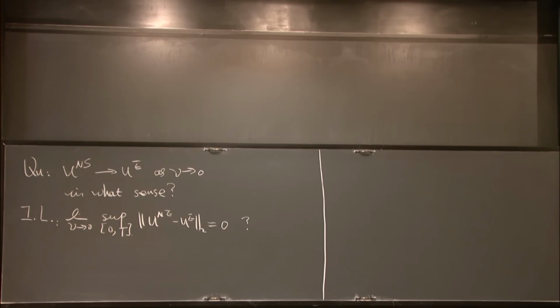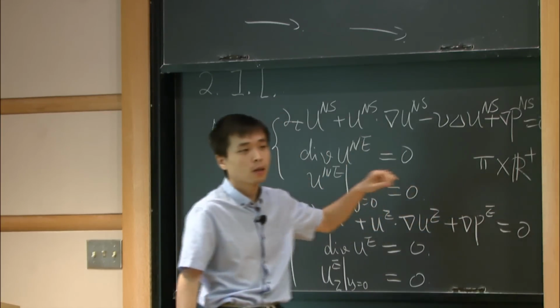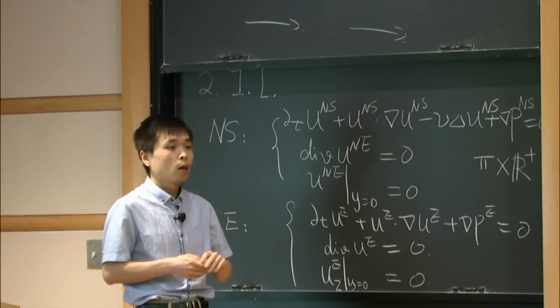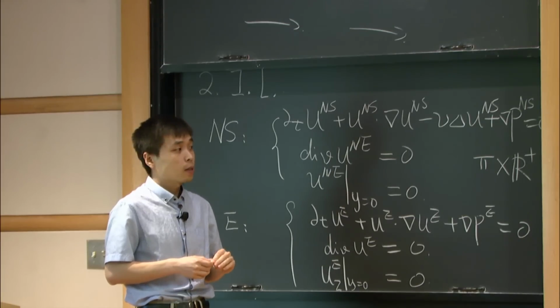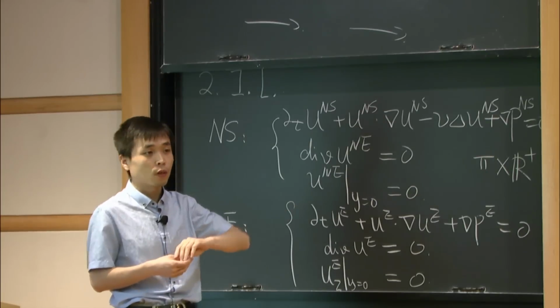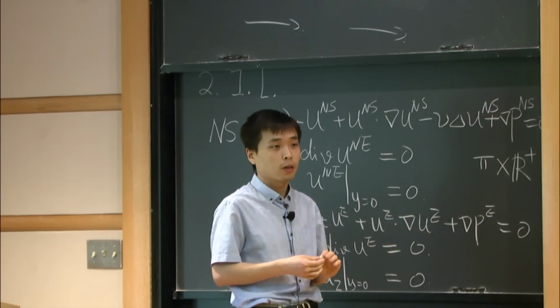The answer to this question depends on the domain a lot. When the domain is, for example, the torus or the whole space R2, the answer is very simple, and I will give a very simple proof of that case. But when there's a boundary, this problem is very challenging.